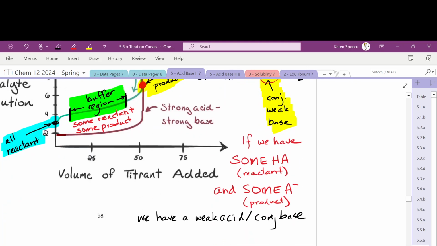We have a weak acid conjugate base combo, which is a buffer. We have an equilibrium that can shift either way.